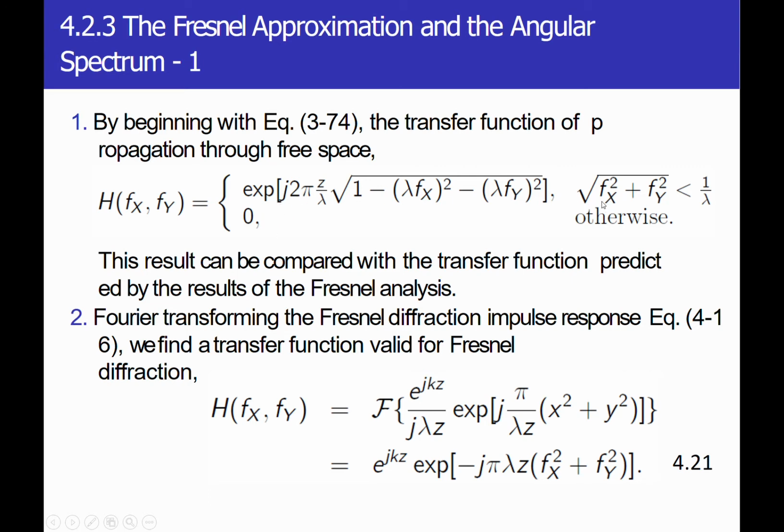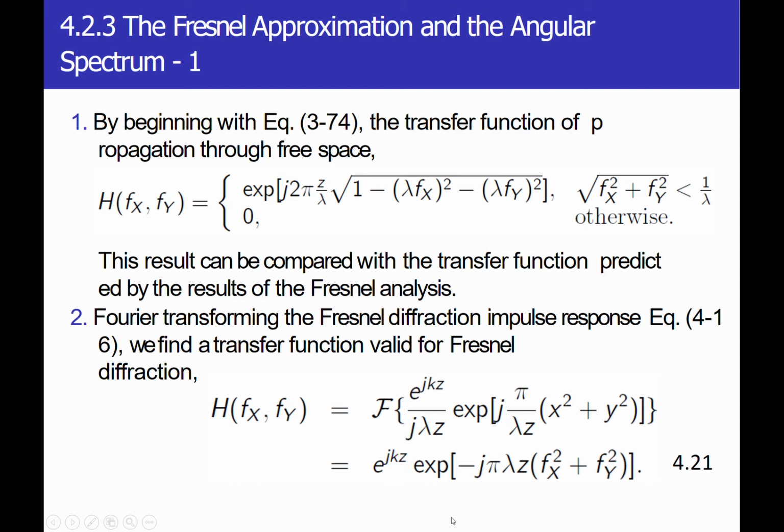As long as the Fourier component satisfies this condition, it has this factor. And if you do the Fourier integral carefully, you can see that it is e to the ikz times this one.